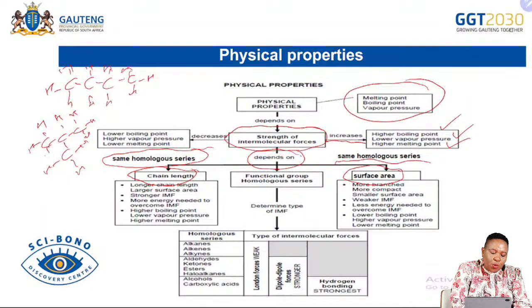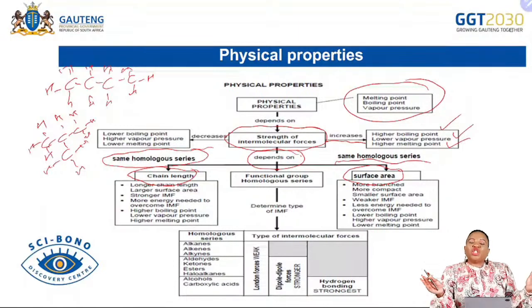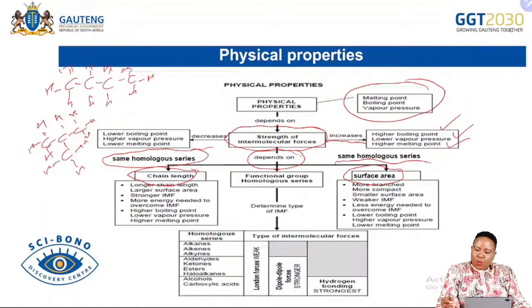However, 2-methyl propane will have a higher vapor pressure than butane, because the intermolecular forces of 2-methyl propane will be weaker than those of butane. The larger the surface area, the stronger the intermolecular forces. The smaller the surface area, the lower the boiling point.